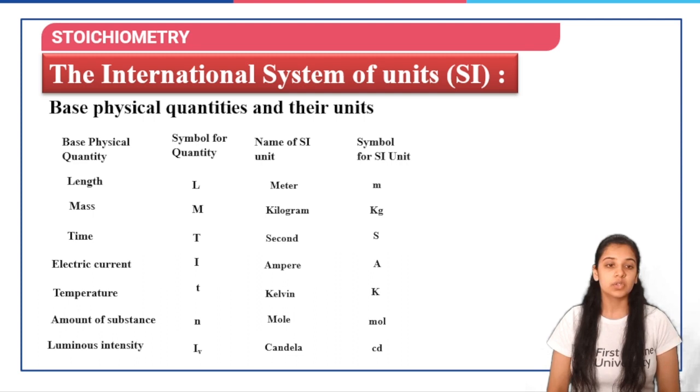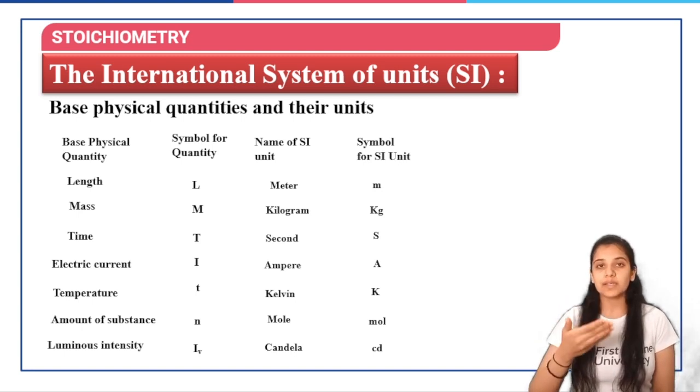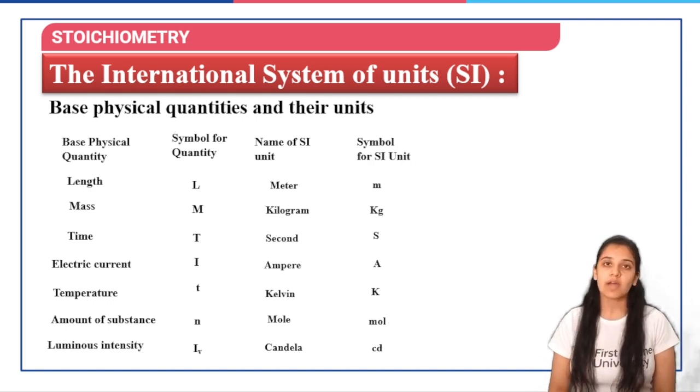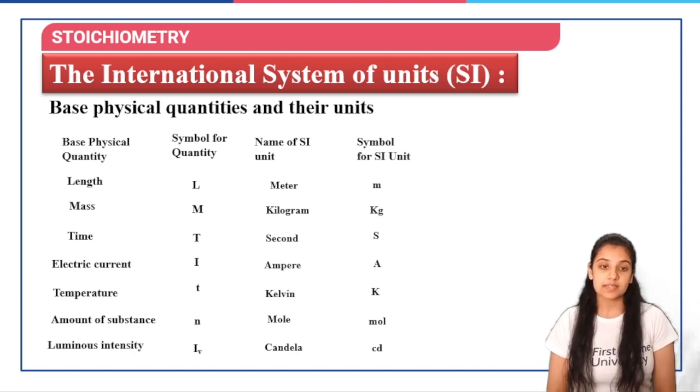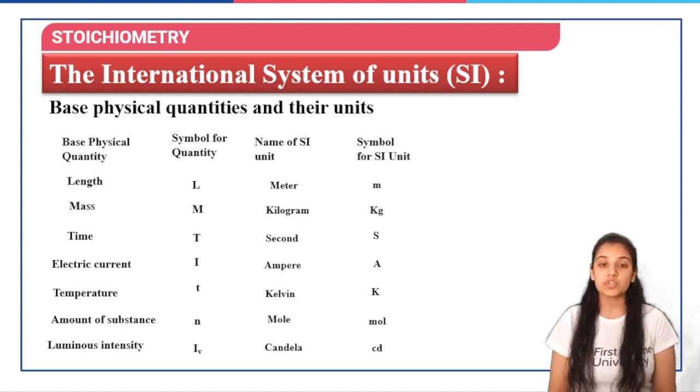Temperature, I think there is, okay. So the symbol for this quantity is small t. For temperature, it's usually capital T that we write, and for time, it's usually small t that we write. But that depends on whatever is given in the question. You will have to follow those standards only. Then temperature has the SI unit Kelvin, which is denoted by K. Amount of substance, that is N, has the SI unit mole, which is given by mol.